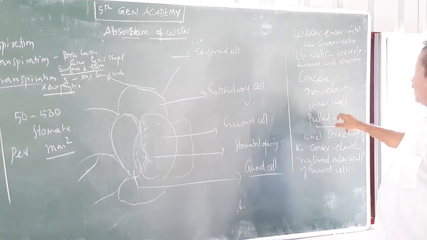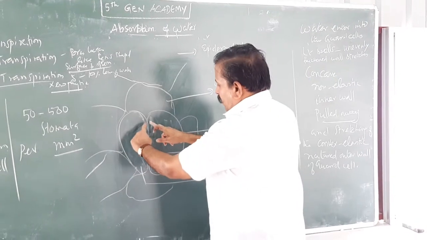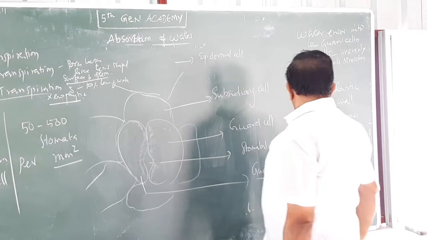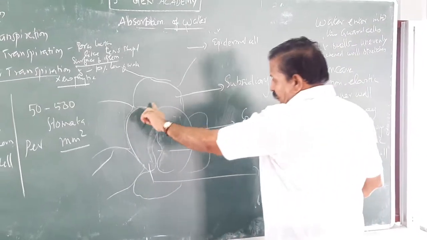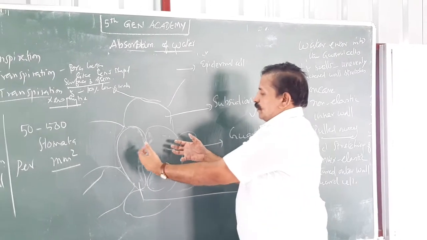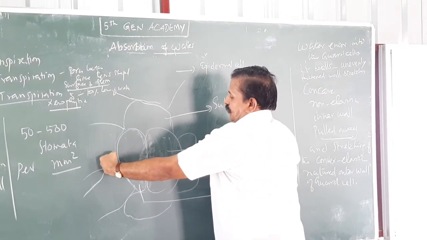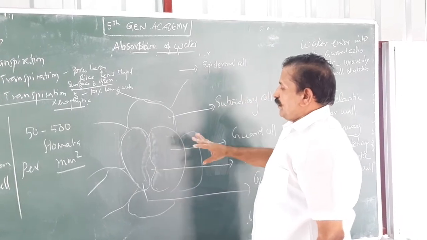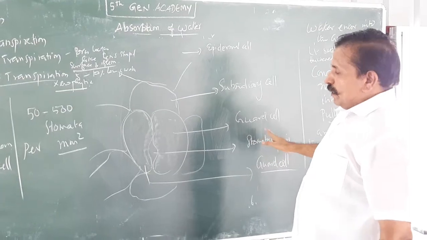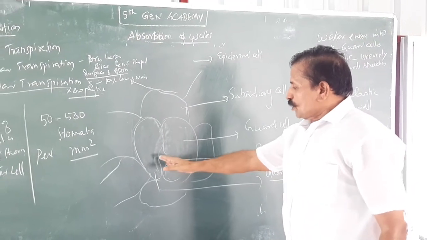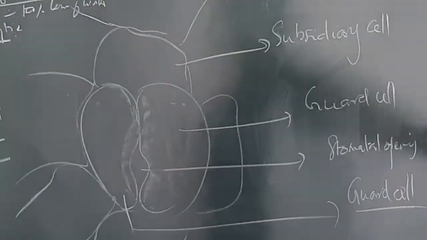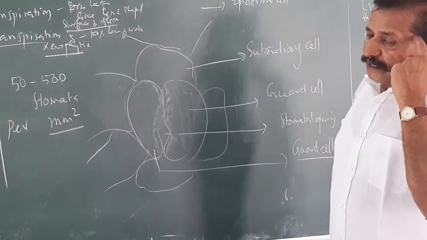The concave, non-elastic inner wall is pulled away, and the convex, elastic outer wall stretches a certain distance. Then we get a pore. In this way the stomata open and transpiration continues. The excess water comes out as vapor and joins the atmosphere. That's all.